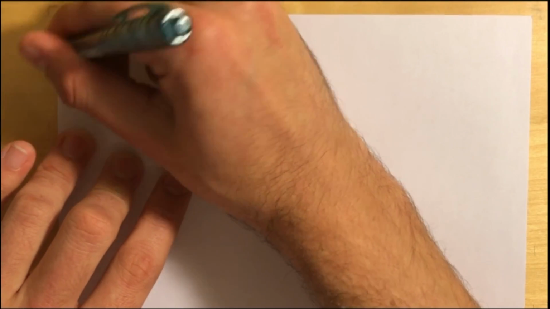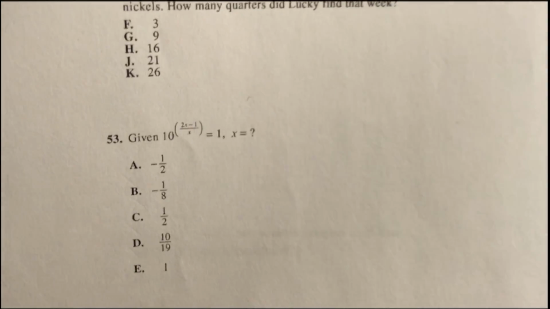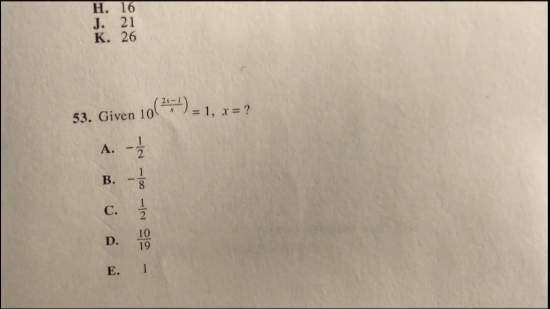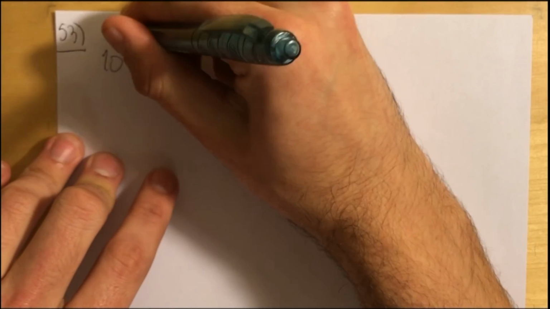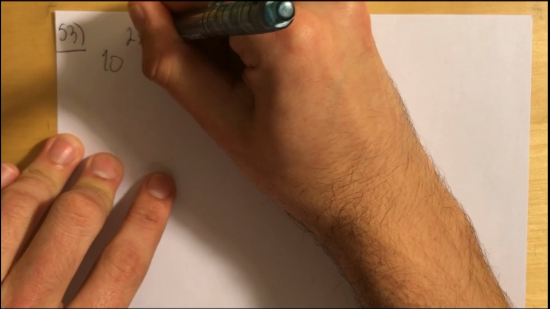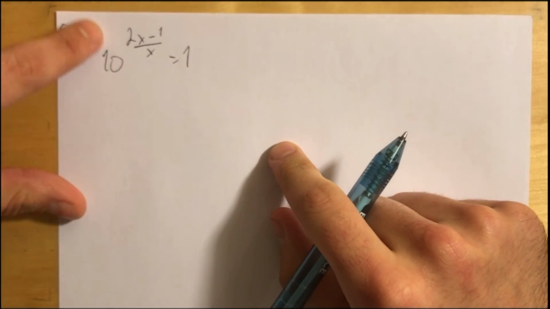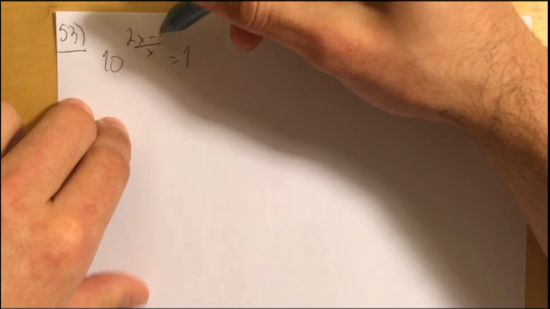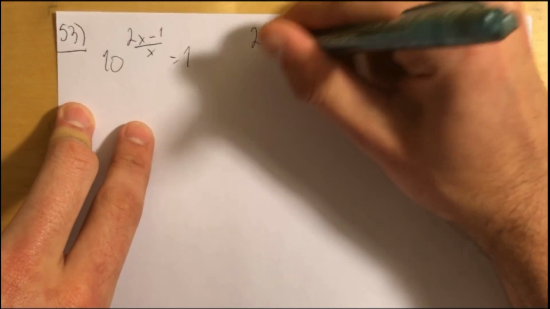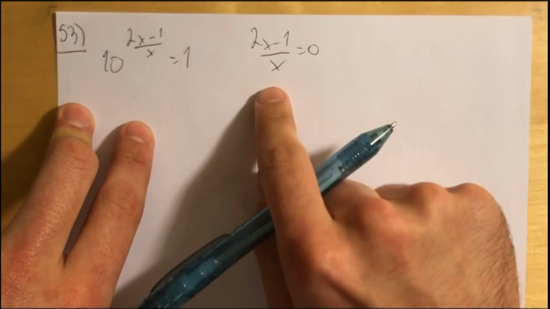All right, problem 53. Given this expression, what is x? All right, so 10 to the power of (2x minus 1) over x equals 1. We know that in order for this to equal 1, the exponent needs to be 0. So then (2x minus 1) over x equals 0.